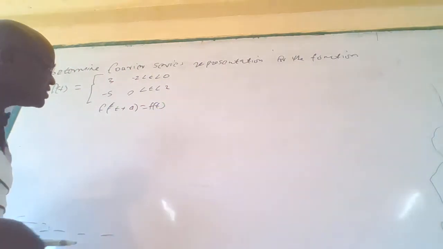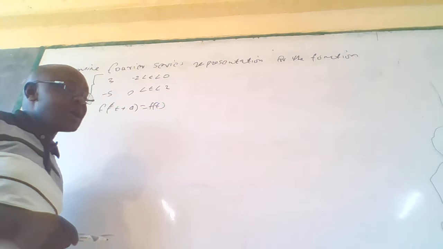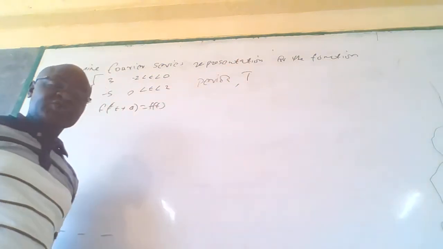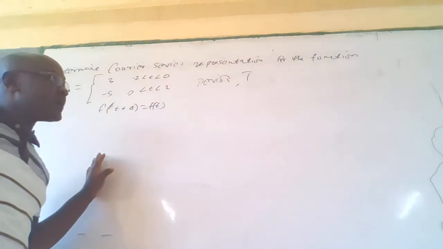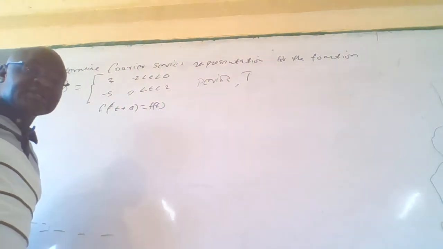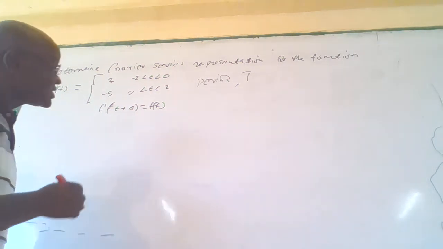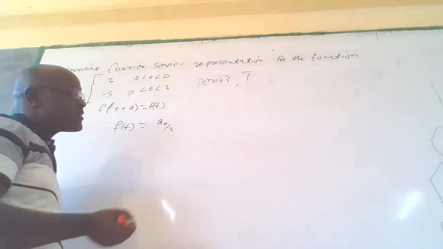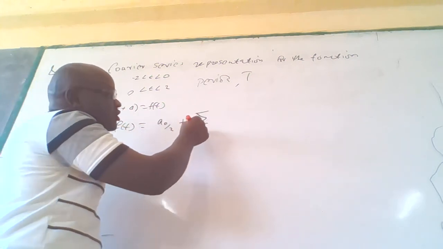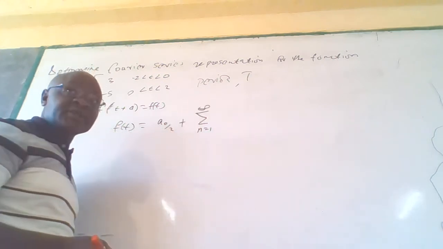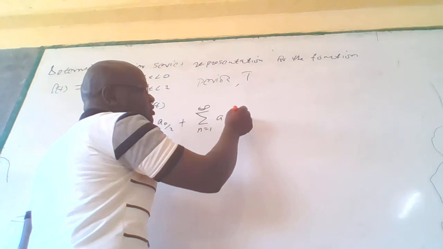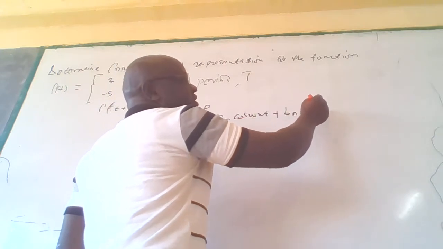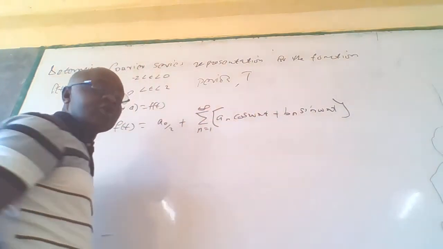Now, remember Fourier series, this is a function of period T. The general formula for the Fourier series of a function with period T is given by f of t equals a naught over 2, plus the summation from n equals 1 to infinity of a n cos omega n t plus b n sin omega n t.